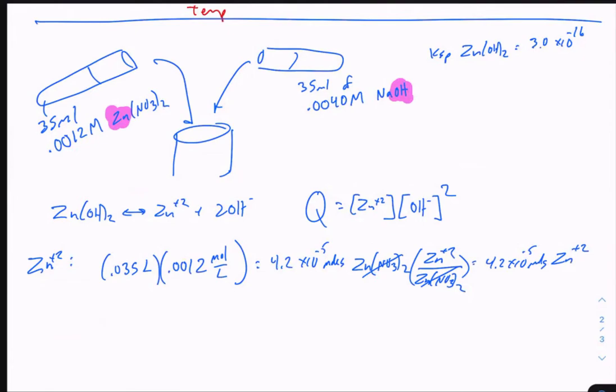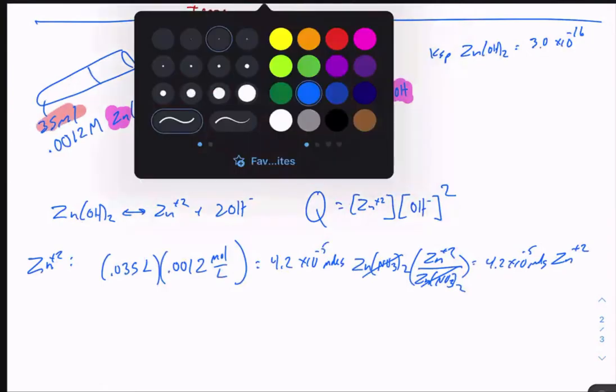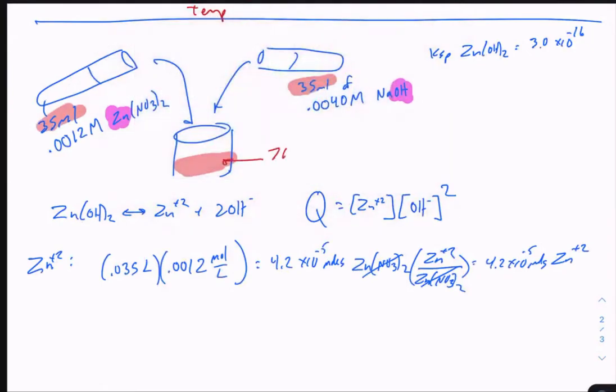Yeah, the total volume. Everyone see that? 35 milliliters, 35 milliliters. That's going to be 70 milliliters total. So we're dividing this by 0.07 liters. Yes? How do you know that it's 1 mole of zinc? Because look at the formula.